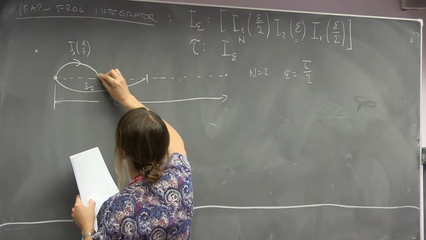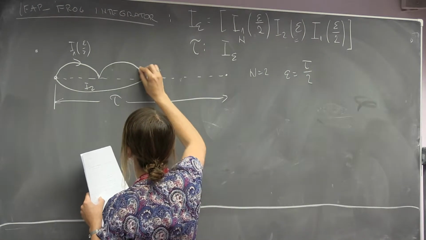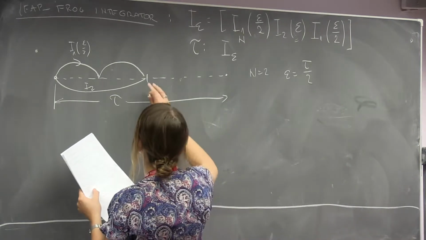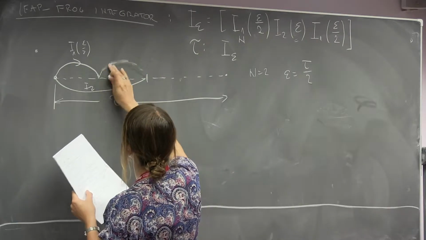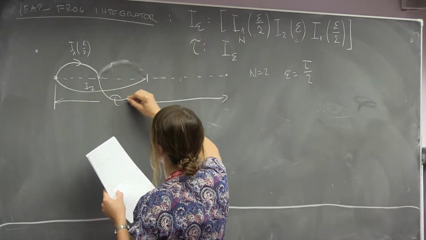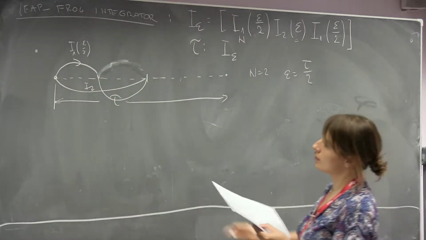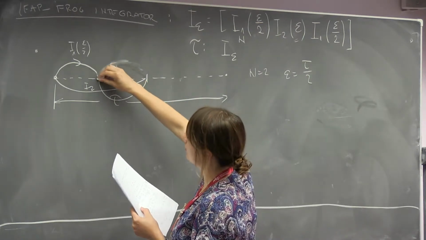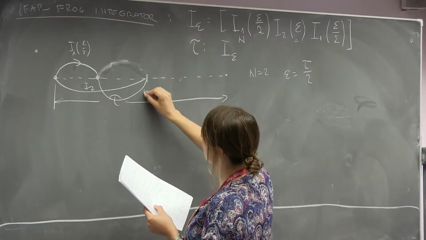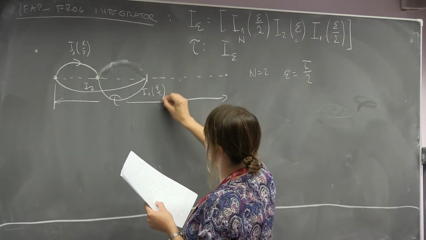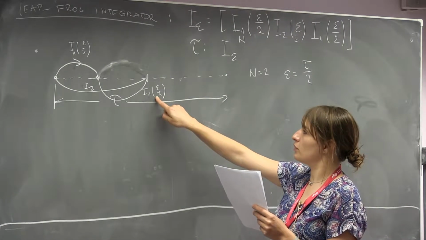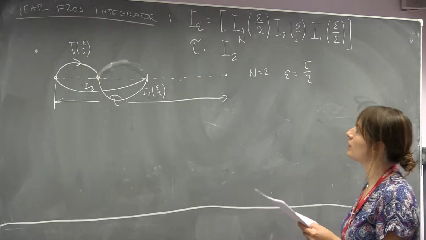And then only after that, one would perform a second update of the fields. So if we want to show the time order of these updates, one would first perform I1, then I2, and then again I1, on the update step of the length epsilon half, and so on.